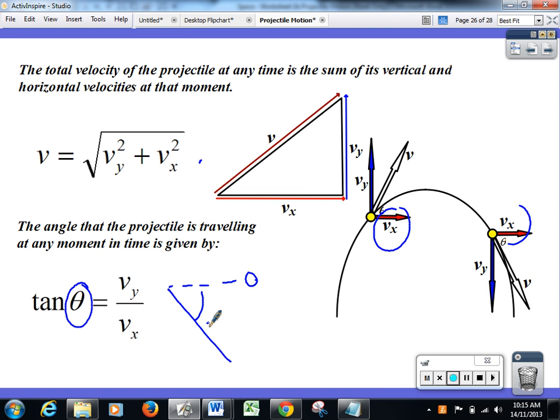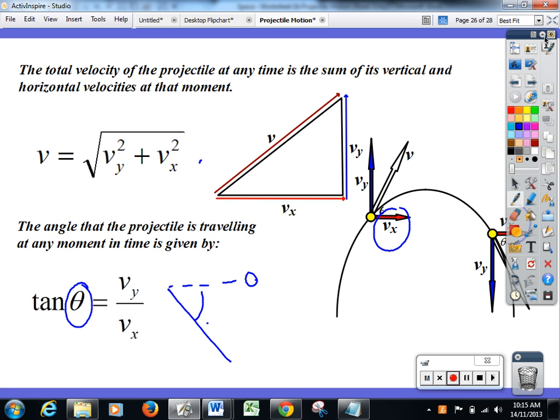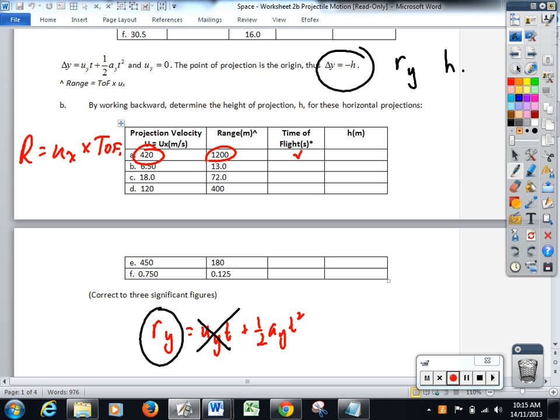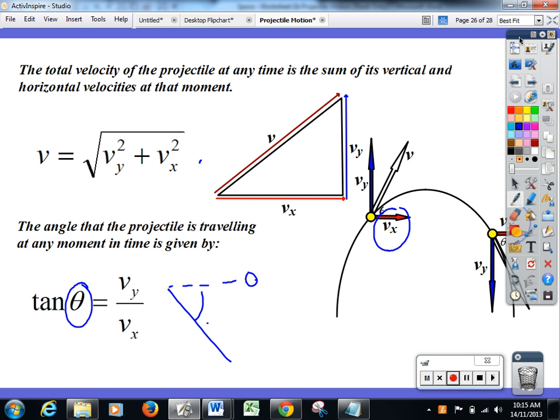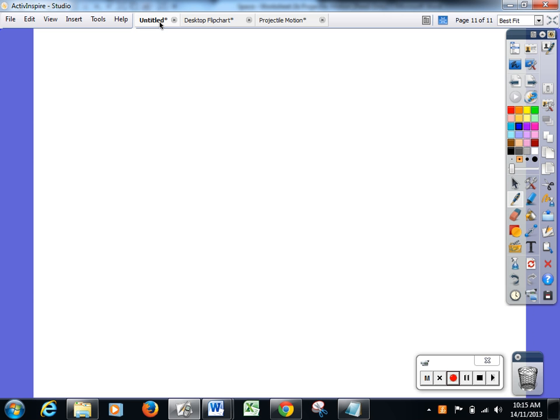Yeah? Now, to ram this all home, I've given you a sheet called Projectile Motion, horizontal projection, and we're going to work our way through one, and then you're going to try your best to complete it. Okay, have we all got that there?